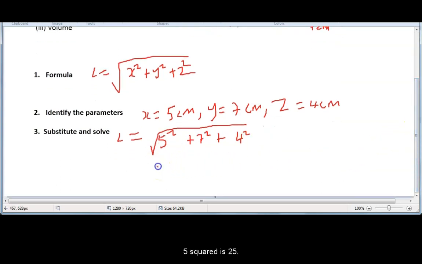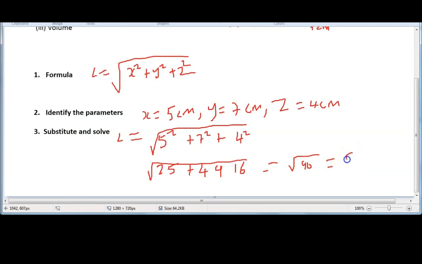Five squared is 25. 7 squared is 49. 4 squared is 16. Which becomes square root of 90, approximately 9.5 centimeters.